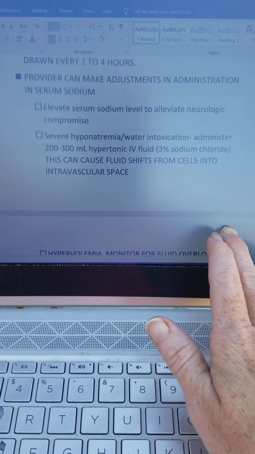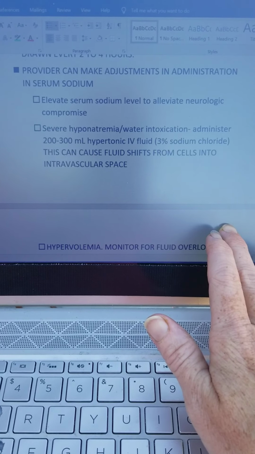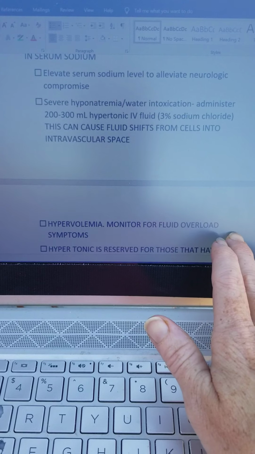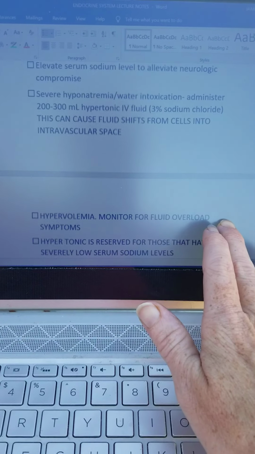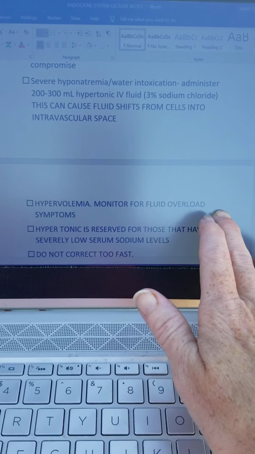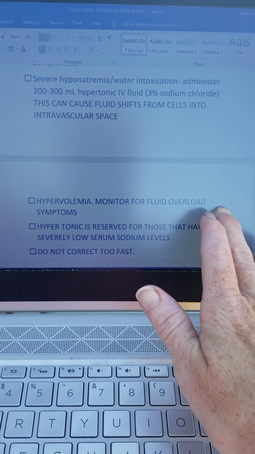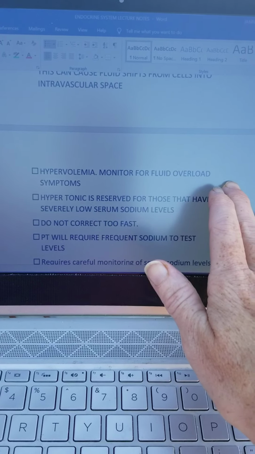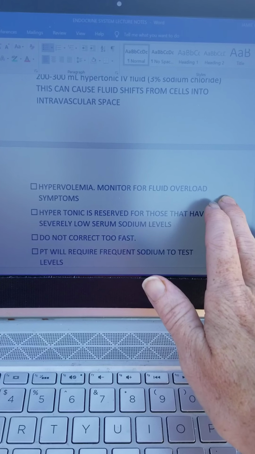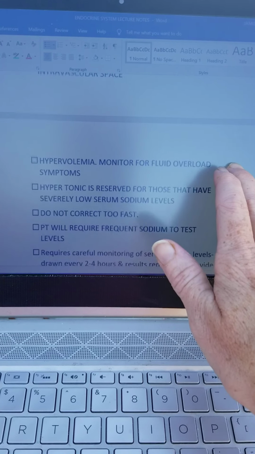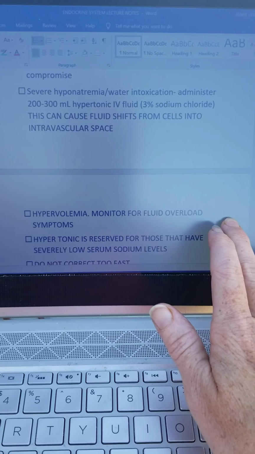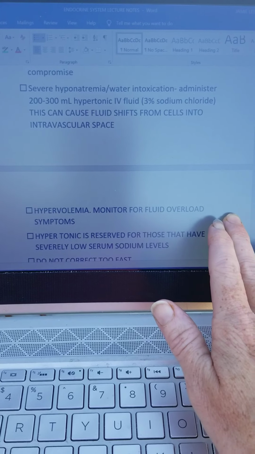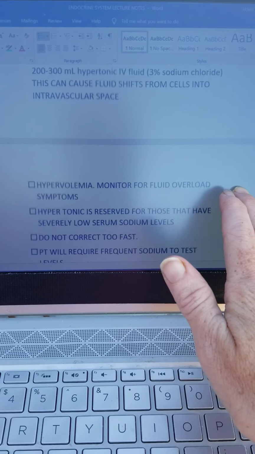Elevate serum sodium level to alleviate neurologic compromise, severe hyponatremia, water intoxication. Administer 200 to 300 milliliters of hypertonic IV fluid, 3% sodium chloride. This hypertonic IV fluid can cause fluid shifts from cells into the intravascular space.